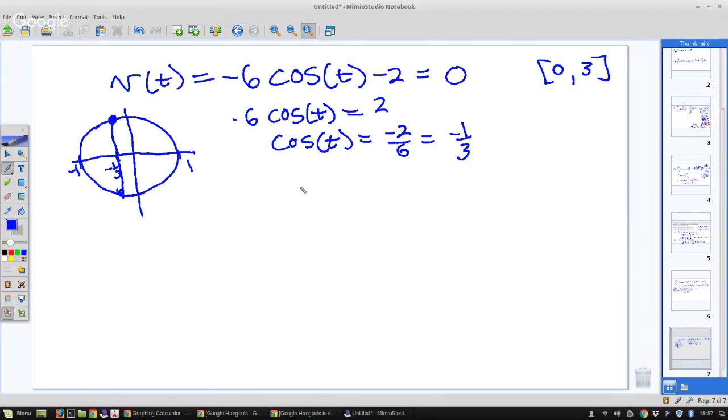So t equals the arc cosine of negative 1/3, an angle here in radians. One possibility is that angle over there, another possibility is this angle over here. I'm not going to go backwards for this angle, because that would be negative. So this angle here, that one there.